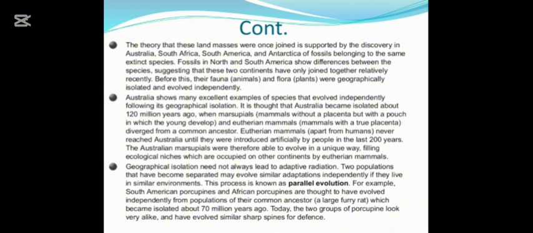Of course, that is except Homo sapiens, the humans, who were there. So the Australian marsupials were therefore able to evolve in a unique way, filling the ecological niches which are occupied on other continents by Eutherian mammals.